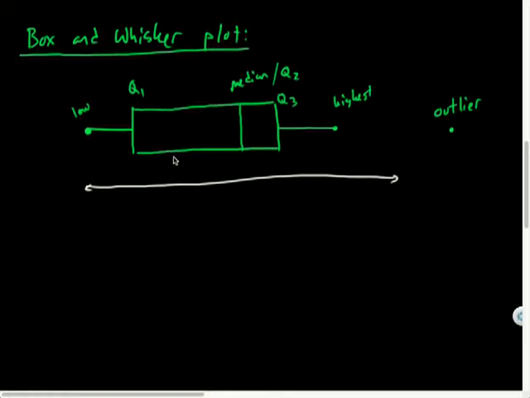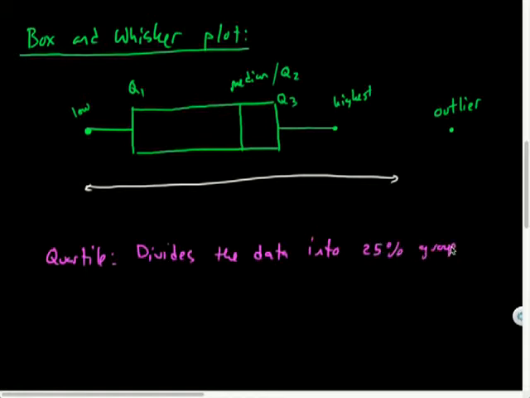And so quartiles divide our data into groups. A quartile divides the data into 25% chunks or groups. This is a visual representation of where my data is.